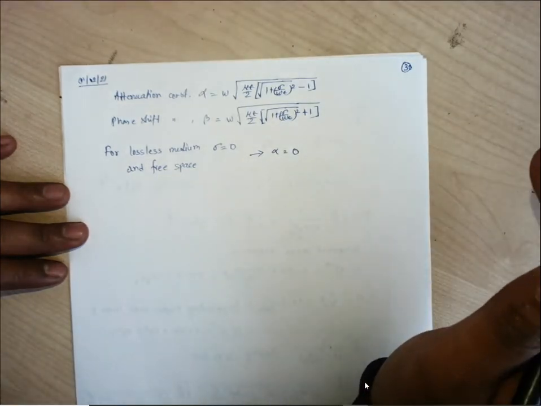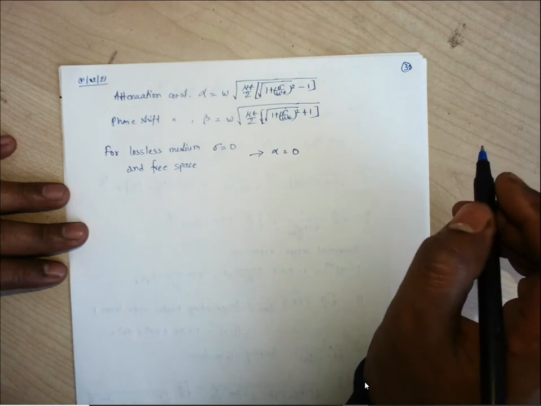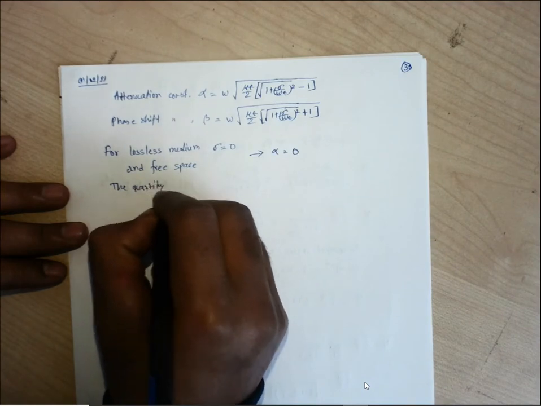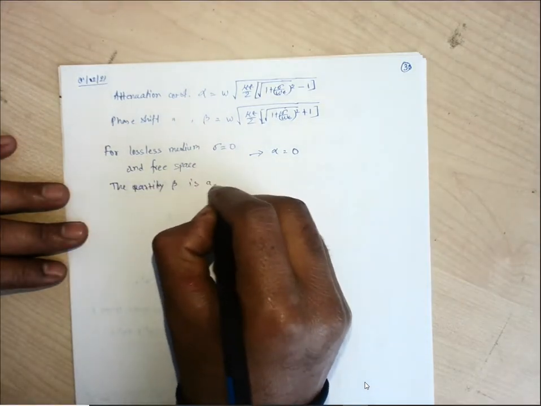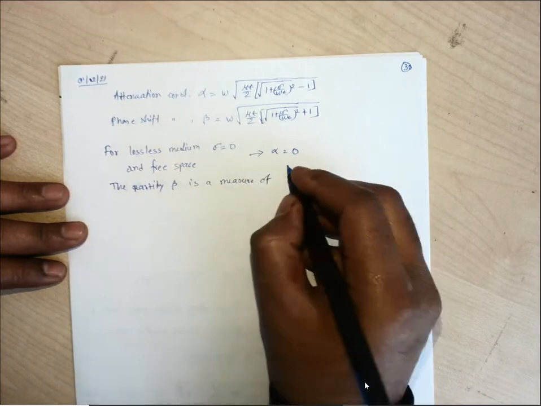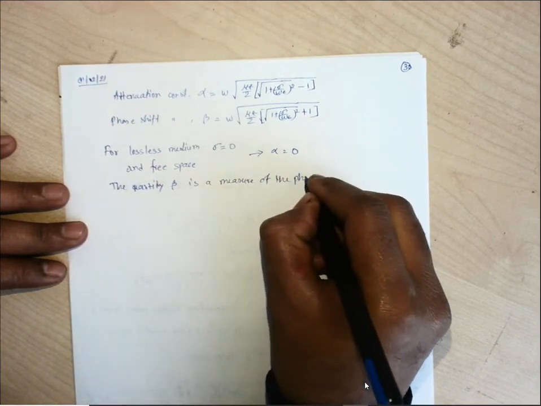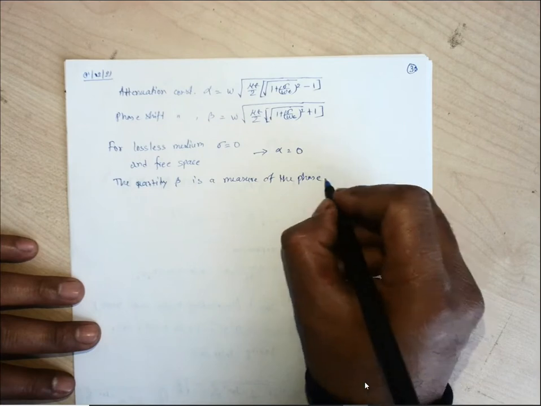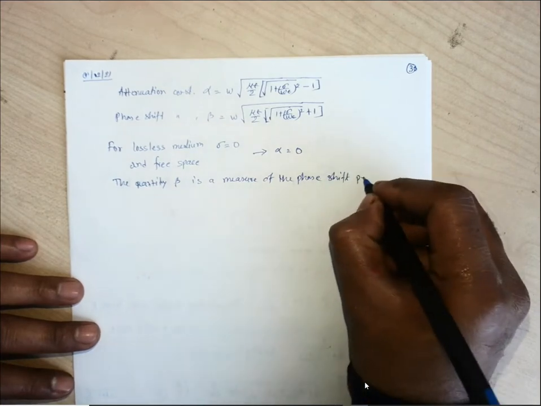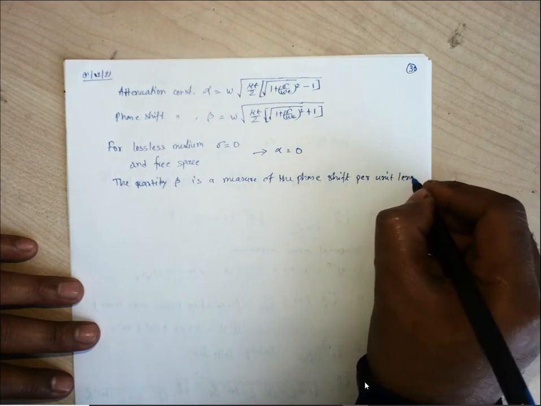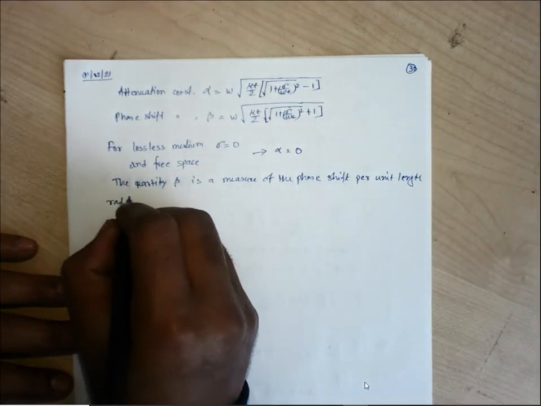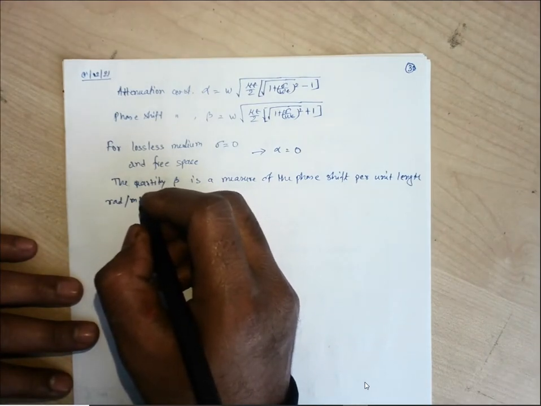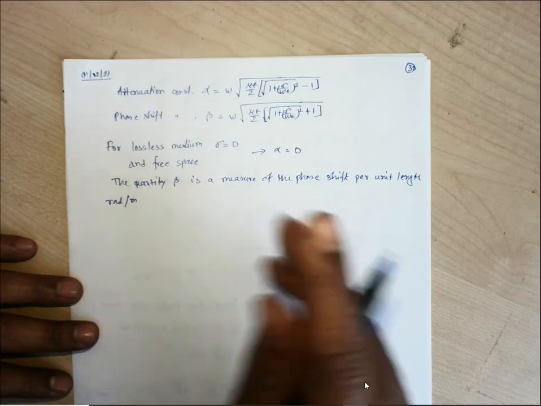So the quantity beta is a measure of the phase shift per unit length. As I said, it has the unit radian per meter, and it is called the phase constant or phase shift constant.